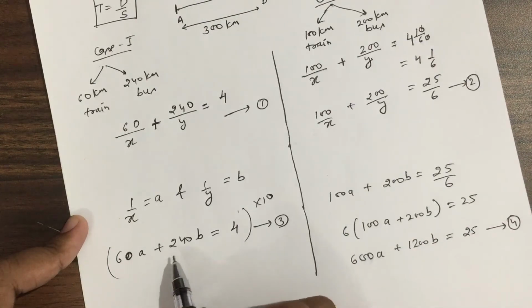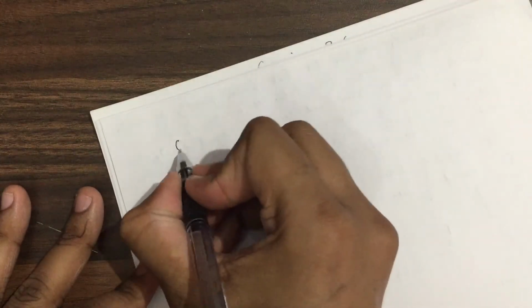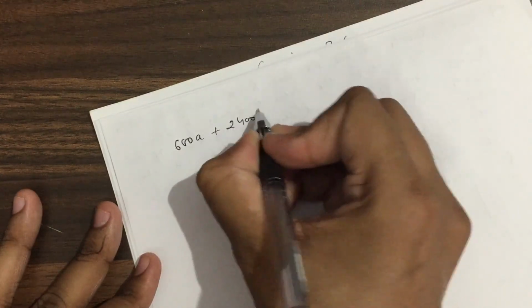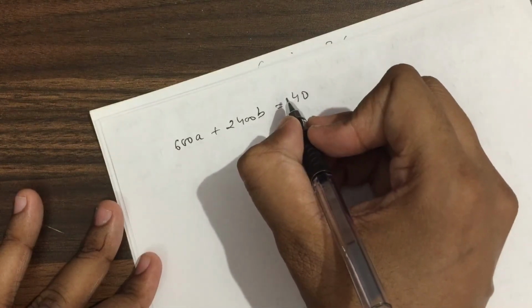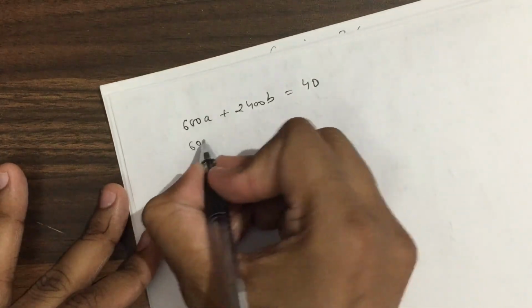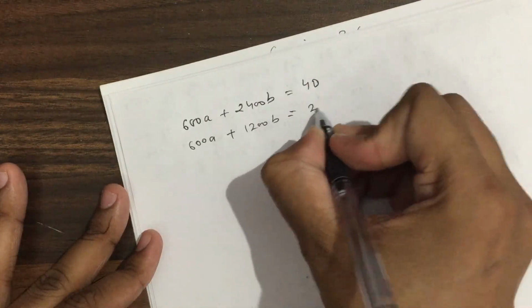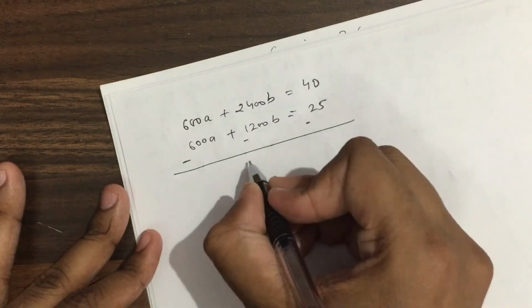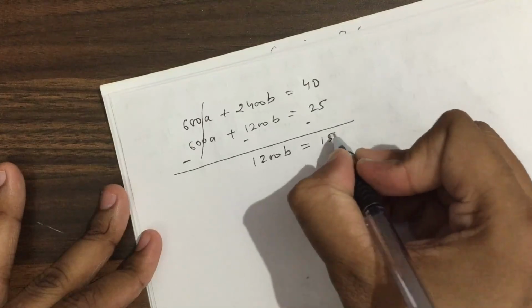On multiplying equation 3 with 10, this will become 600a plus 2400b equal to 40, and write equation 4 as it is: 600a plus 1200b equal to 25. Now subtract, so you will get, 600a will cancel, 1200b equal to 15.